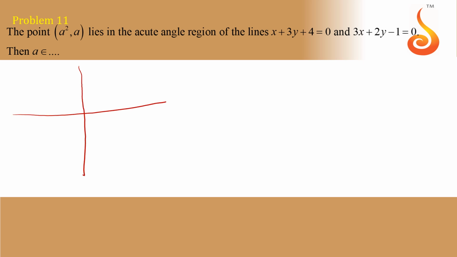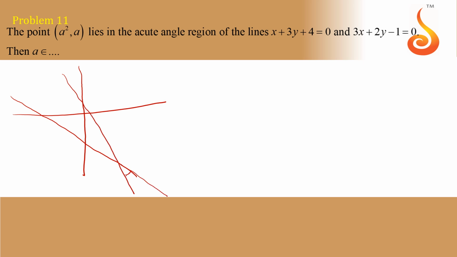For x plus 3y plus 4, both x-intercept and y-intercept are negative; the x-intercept is minus 4, the y-intercept is minus 1 point something. Okay, this is a rough diagram, and then 3x plus 2y equals 1, something like this, let us say.